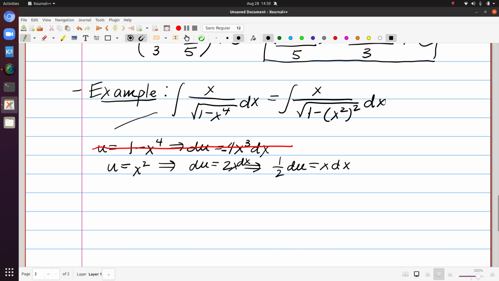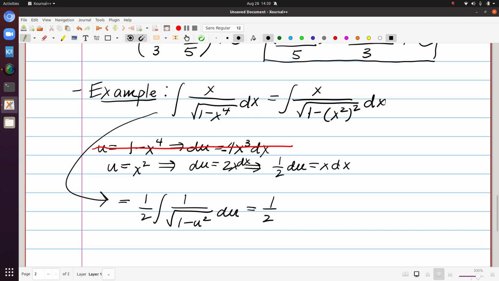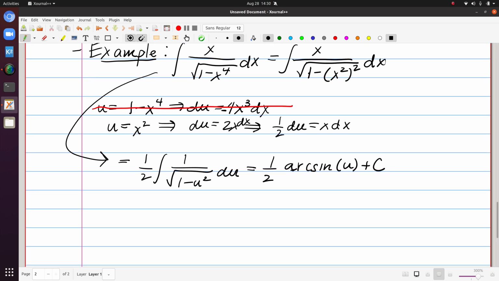So rewriting this, I'm going to now have the integral of 1/2, so I'm going to put the 1/2 out front, the integral of now 1 over the square root of 1 minus u squared, which gives me 1/2 arcsine of u plus c. And then finally, because u is x squared, we get 1/2 arcsine of x squared.